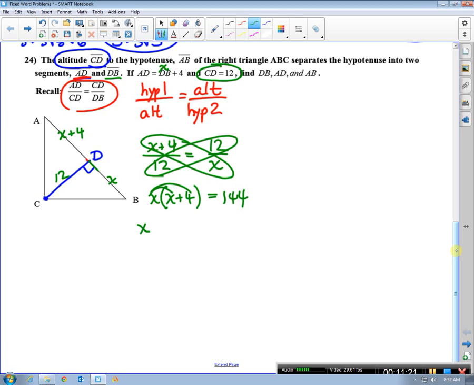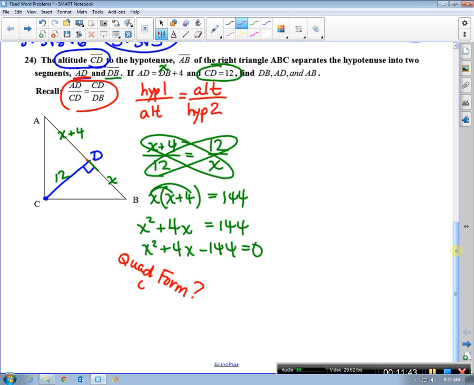Pause a little bit, get ahead, get your quadratic ready. All right, quadratic formula or completing the square. I like the quadratic formula, so I'm going to use that one again.